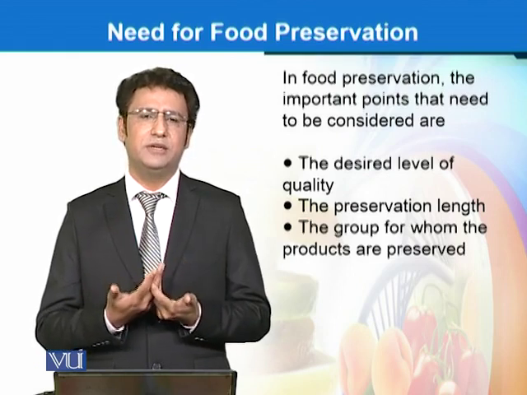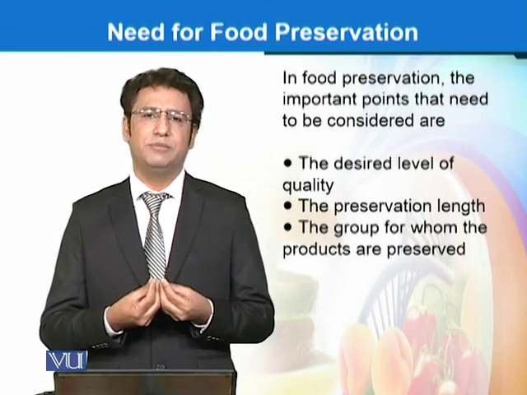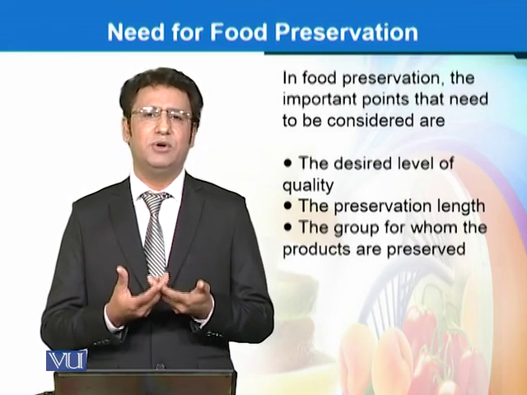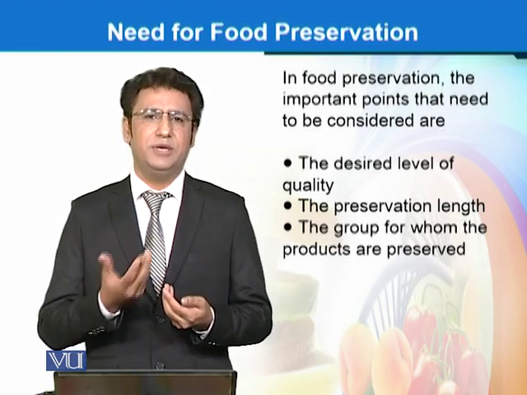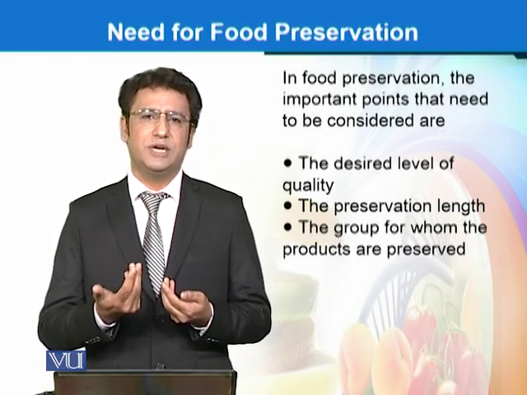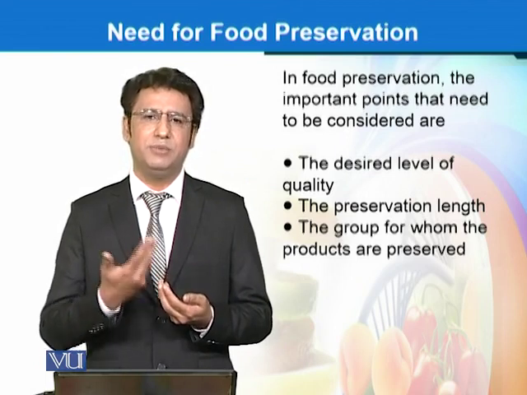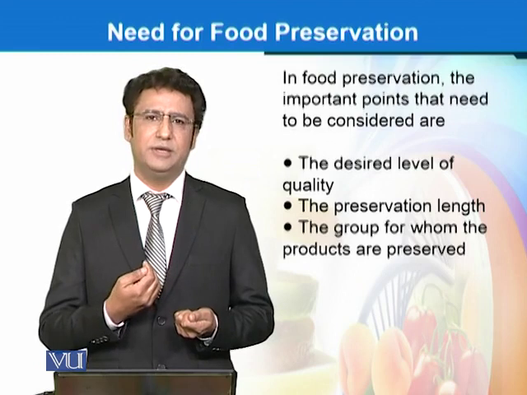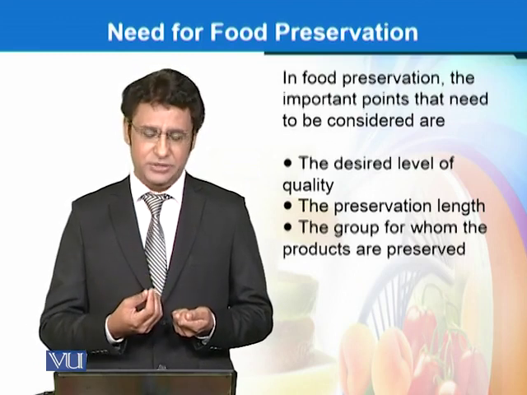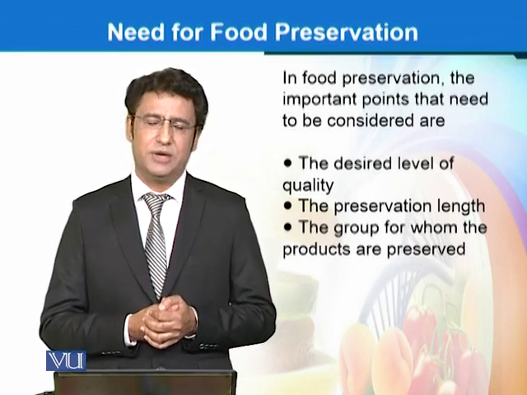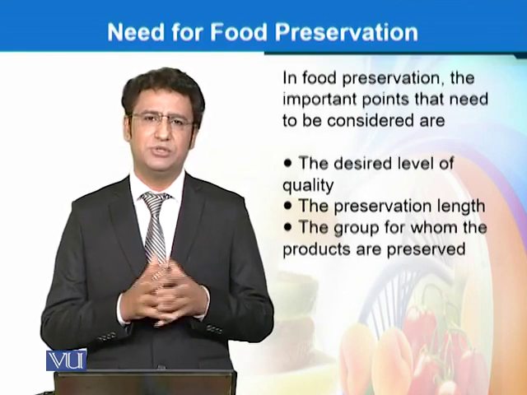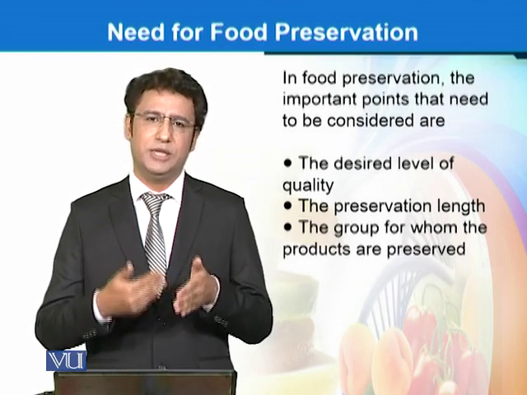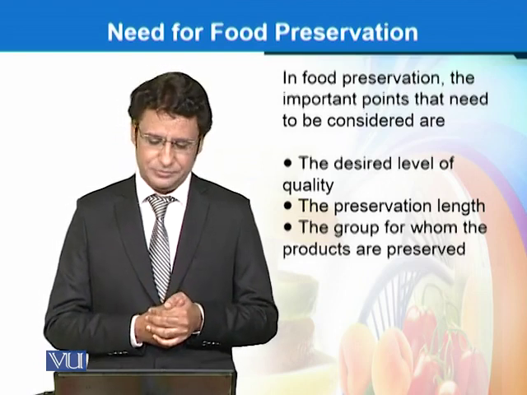If we want a greener vegetable, especially peas, if we want green color peas, that is a quality factor. We can still consume food which does not have that ideal color. It may be safe, but the consumer would not prefer that quality defect in your food. So this is one of the factors that decides why preservation needs to be done, because we need to maintain the quality of our food products.